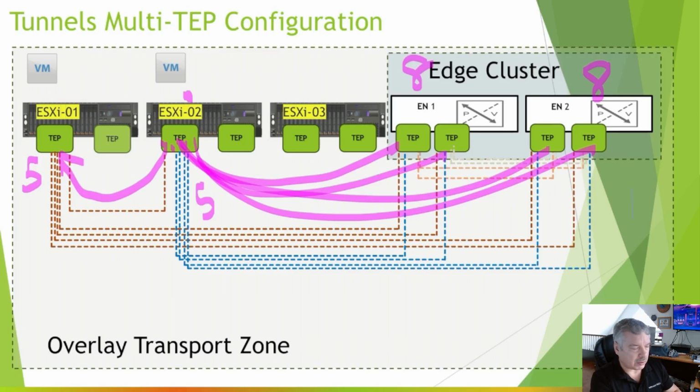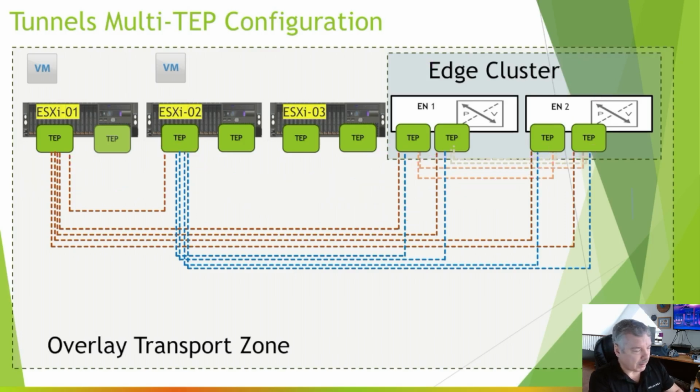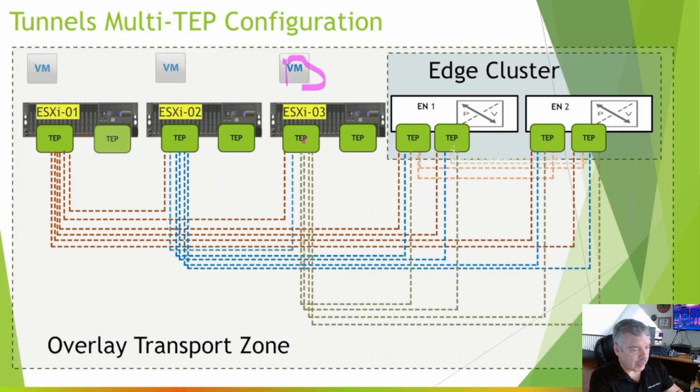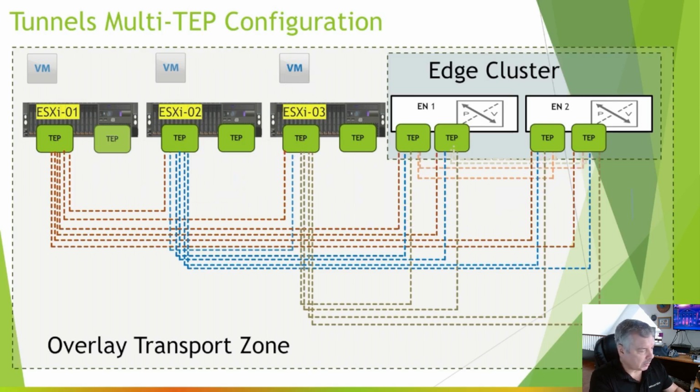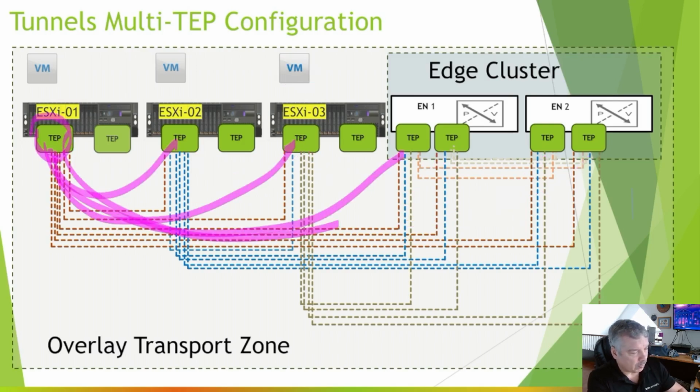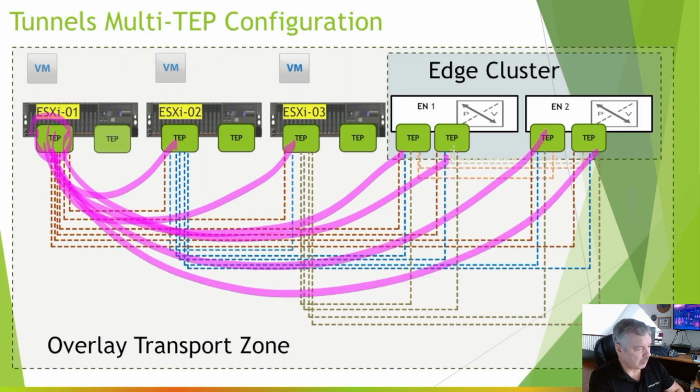What I'm going to do, let's save a step here. Let's power on another VM on this host. And when we do that, same thing. This TEP needs to talk to all the edge TEPs, and this one also needs to talk to all those as well. So when I look at this, basically I'll have 1, 2, 3, 4, 5, 6 tunnels on each node here.